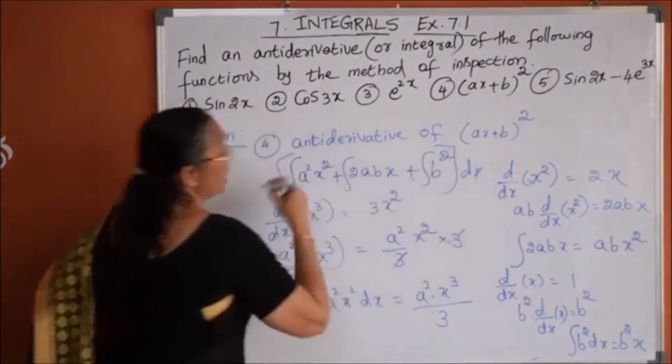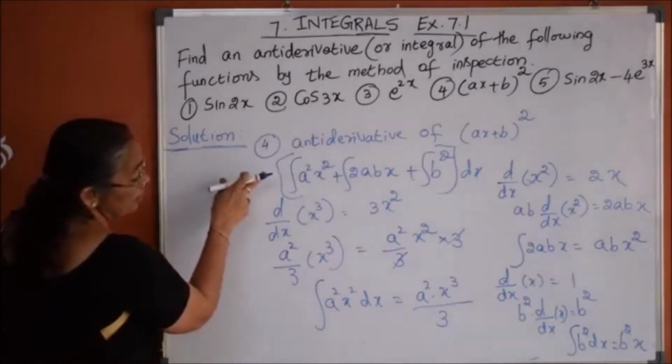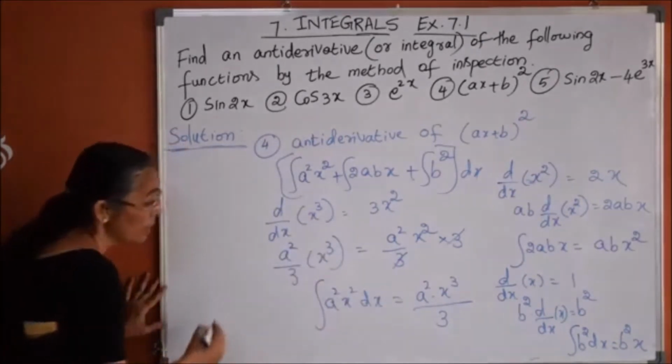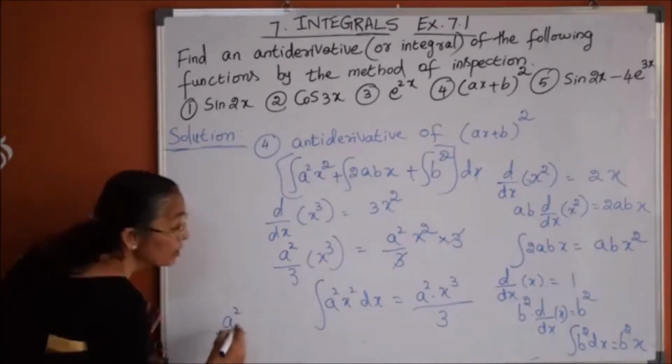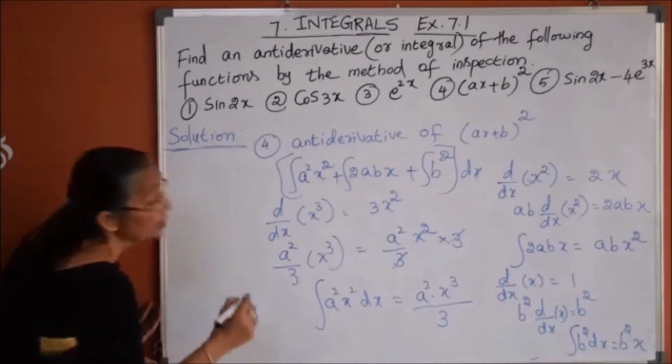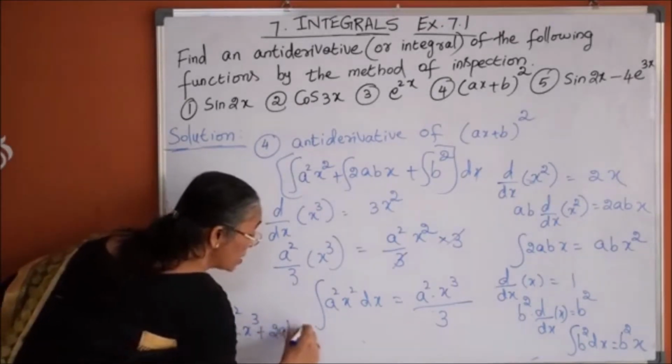Therefore, integration of this function (ax + b)² is nothing but, for the first term we got a² x³/3, that is a²/3 x³. For the second term, plus 2abx.